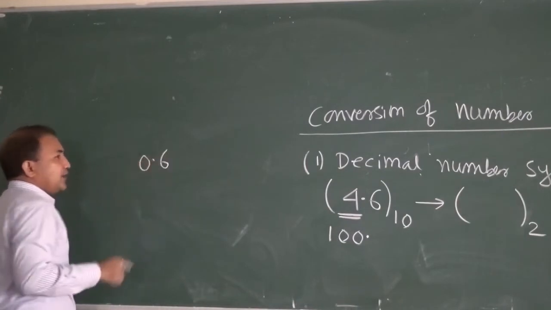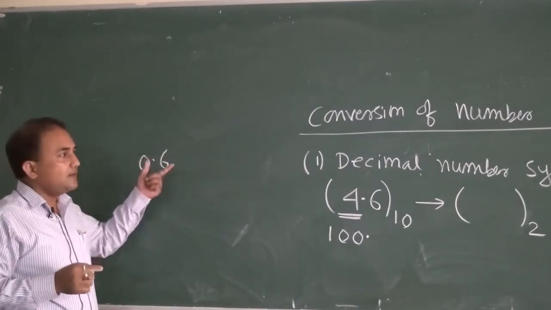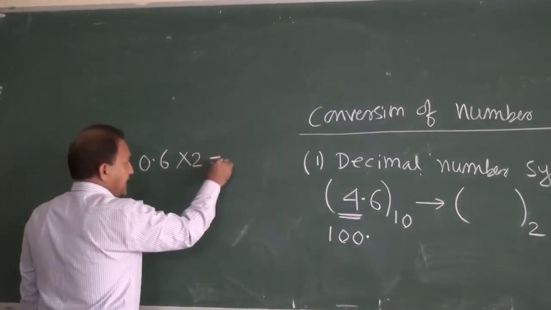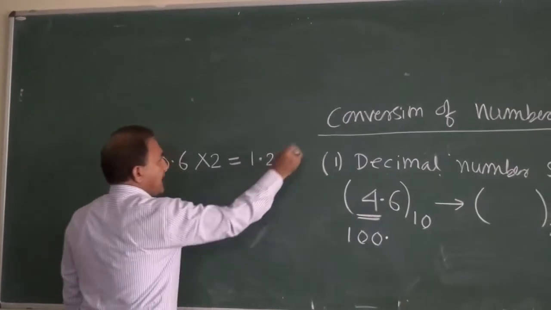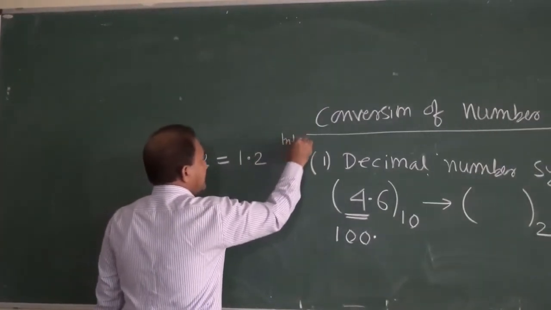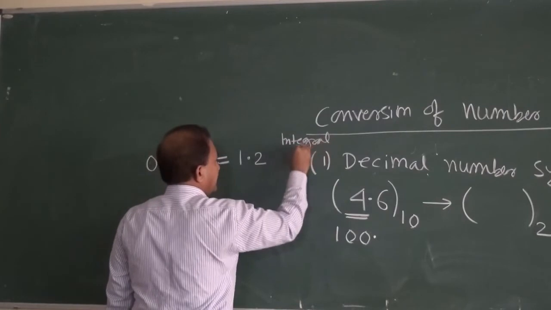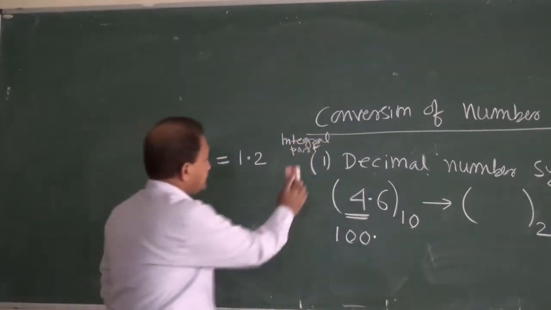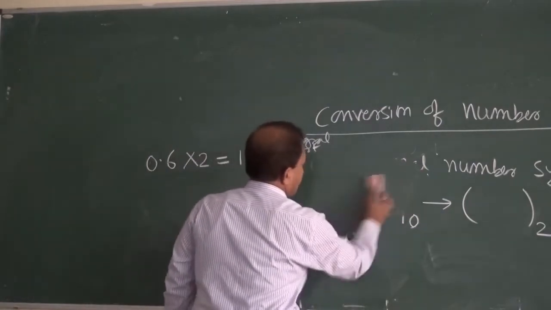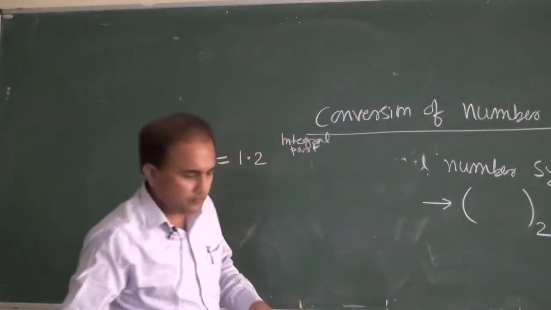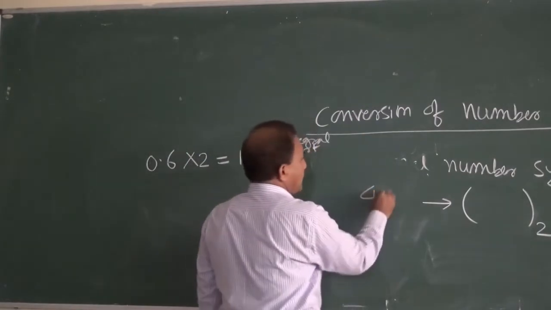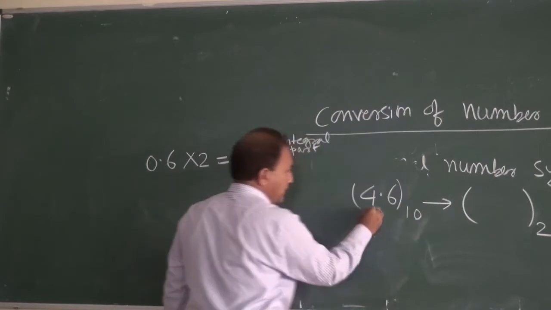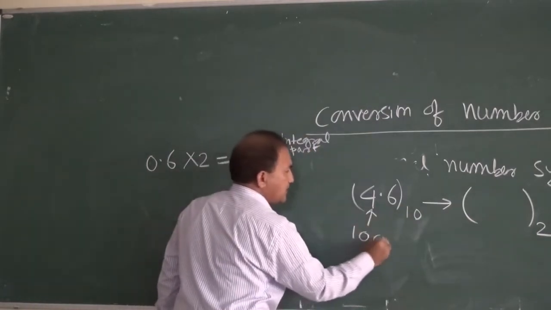For 0.6, you have to multiply it by the base 2. So it is 1.2, and you have to see the integral part. So for 4 it is 100.